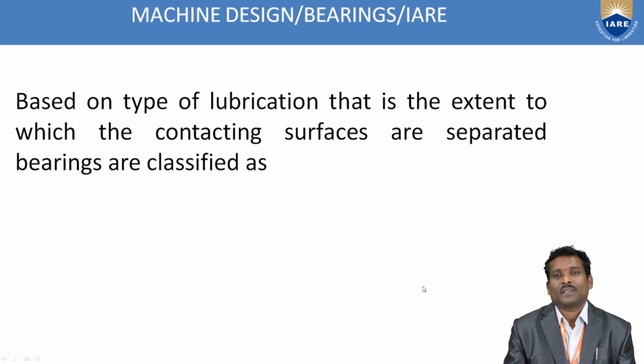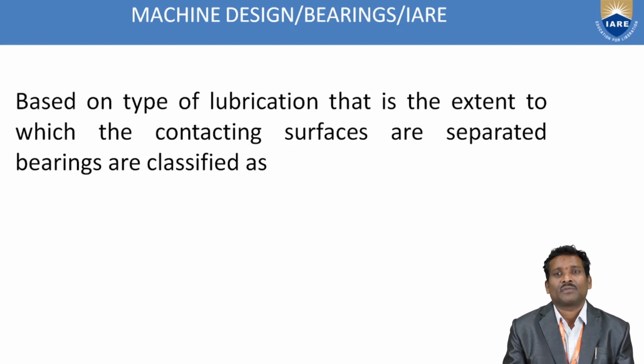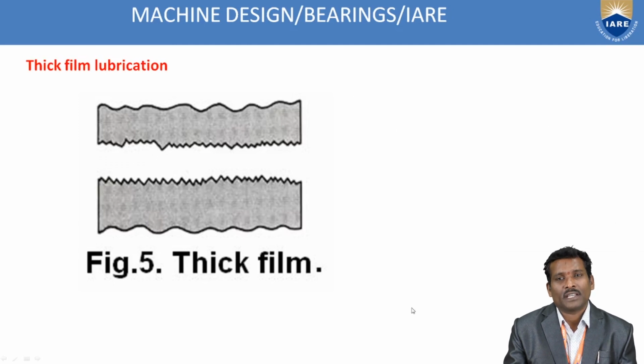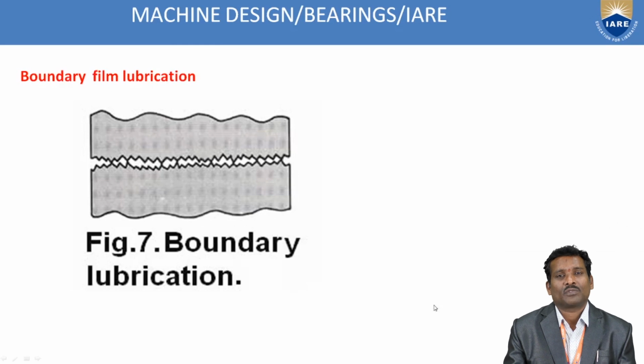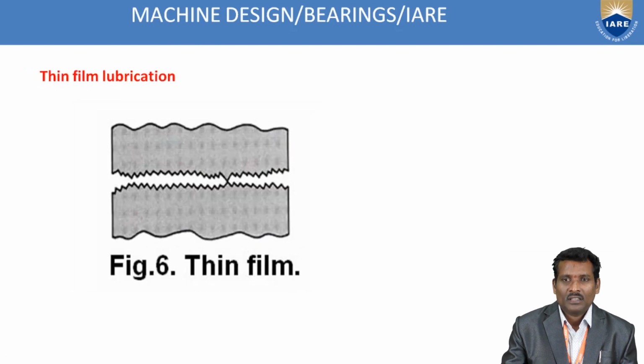Next classification is based on the type of lubrication. That is, based on the extent to which the contacting surfaces are separated, bearings are classified as: one is thick film lubrication, another one is thin film lubrication, and the third one is boundary lubrication. We will see one by one briefly.